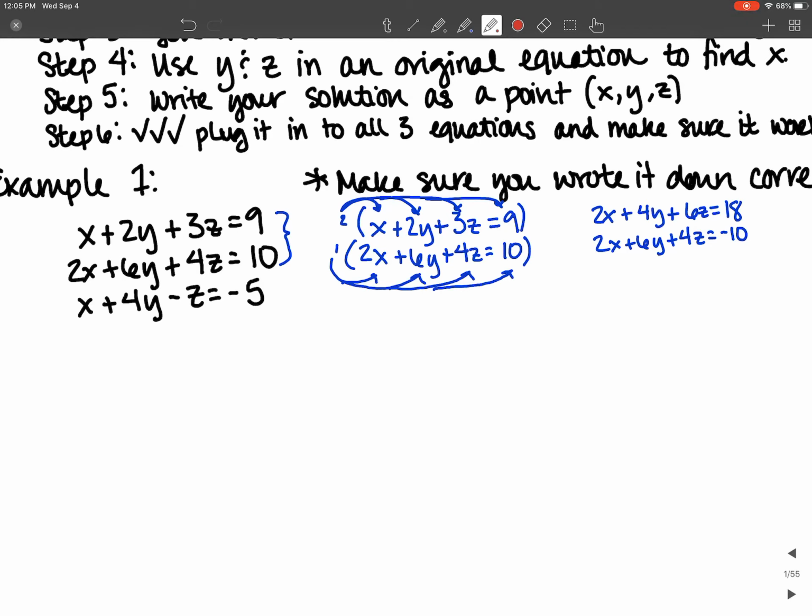Sometimes looking at 4 minus 6, sometimes we say that's 2. It's actually not. So don't be afraid to use your calculator, even if it seems like, oh, I shouldn't have to use my calculator for this. Who cares? You have one. Use it. So this is going to give me -2y, a positive 2z, and a positive 8.